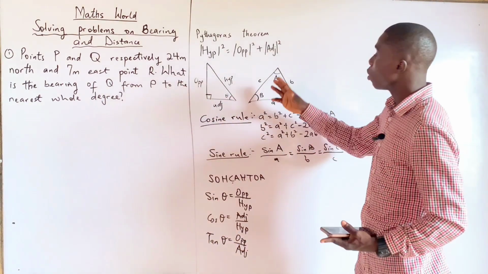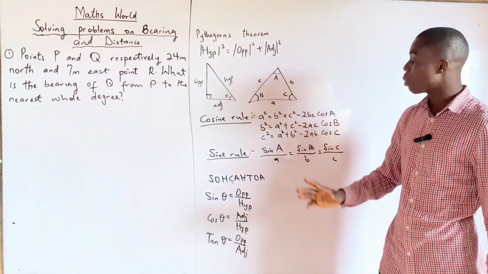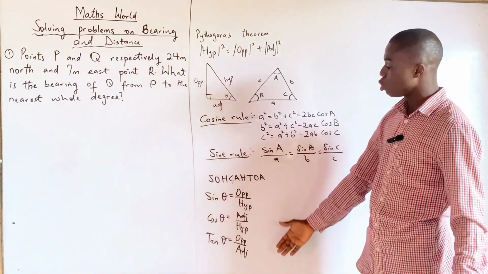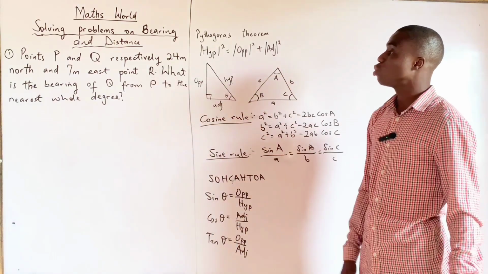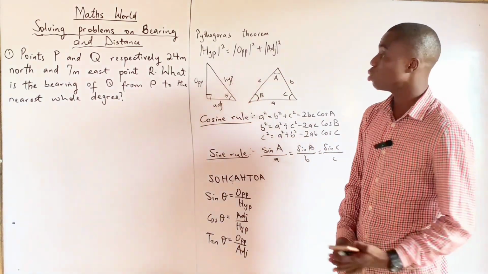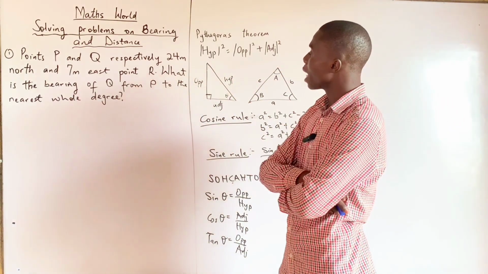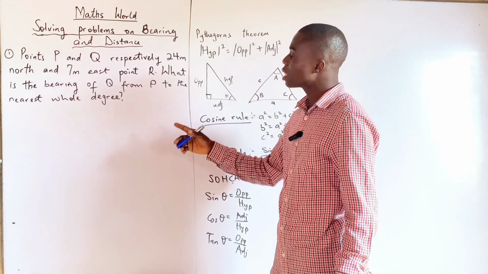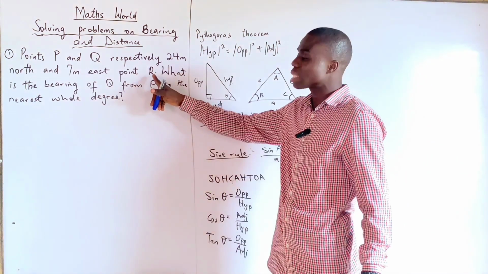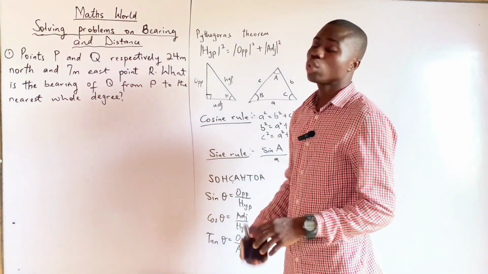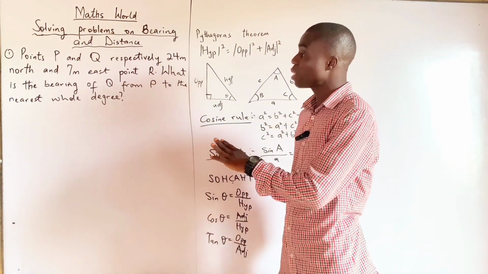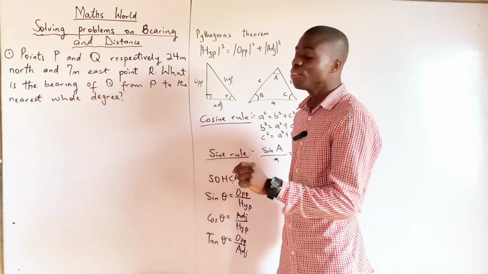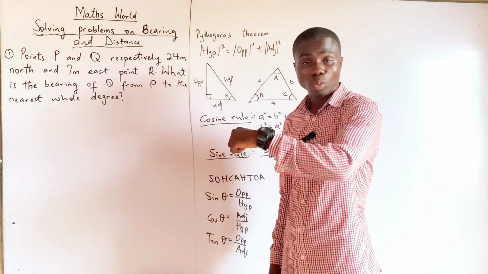So it now depends on which triangle you get that will tell you which formula to use in all this. Now let's go to the question and see what we can do. The question says points P and Q are respectively 24 meters north and 7 meters east of point R. Now, I told you that whenever you want to solve bearing, I said it in my reverse bearing, that if they say from, you draw that one first.